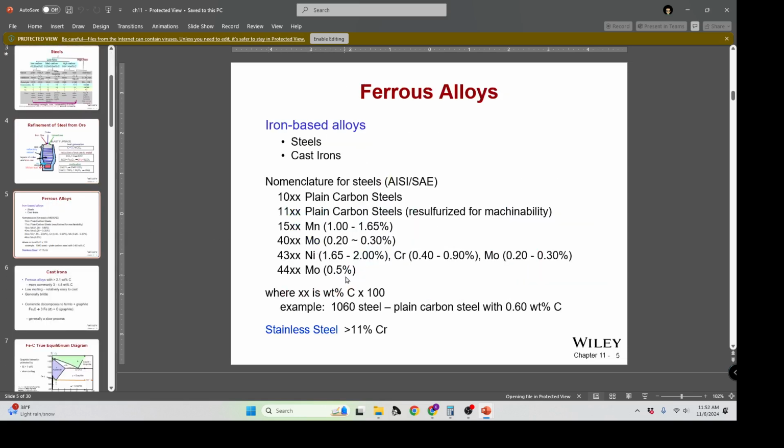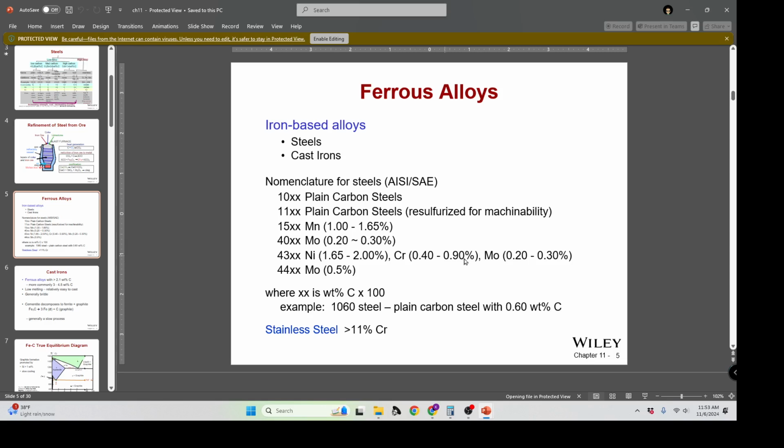So all of these have naming schemes. Plain carbons are 10. Plain carbons resulfurized are 11, for better machinability. The 15 series is manganese from 1 to 1.65. The 40 series is molybdenum.